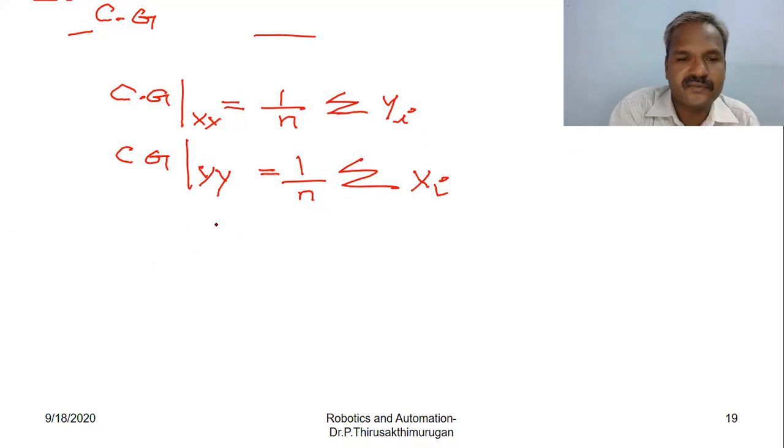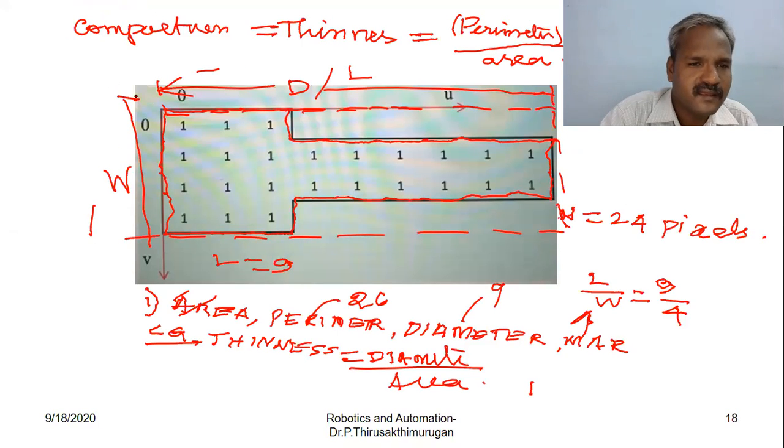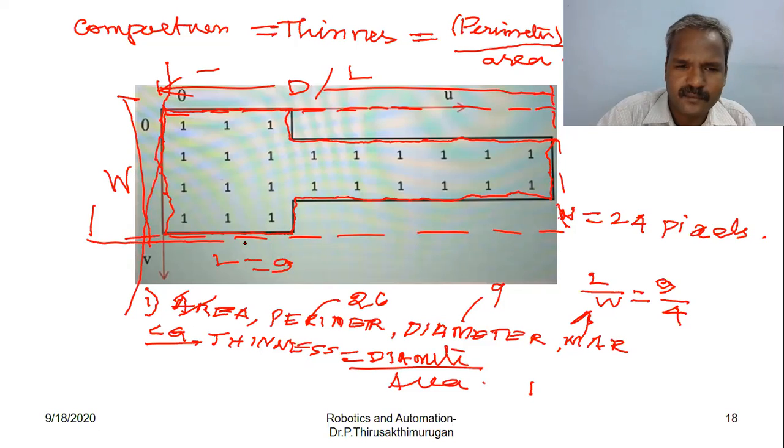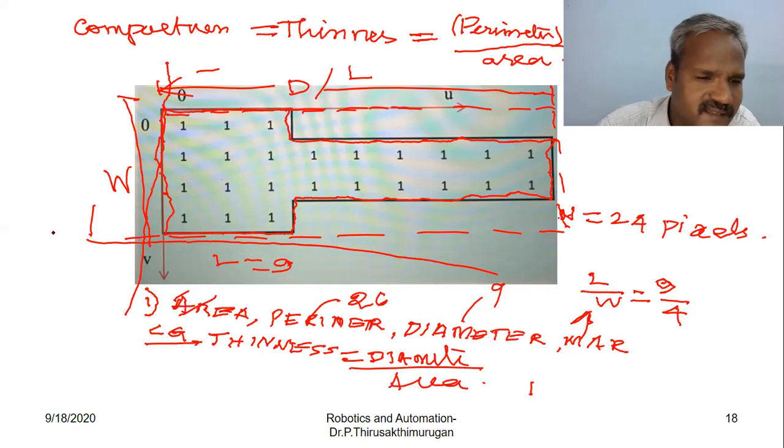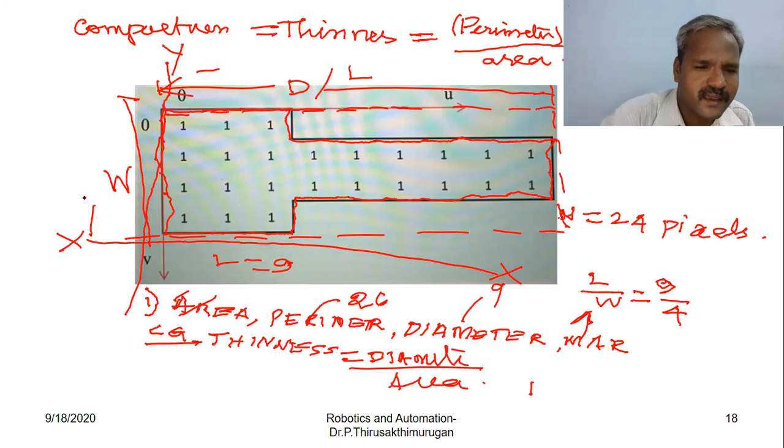So which is the reference frame here? You see, this is the reference frame. About y, this is about x. So this is x axis. Sorry, this is y axis.